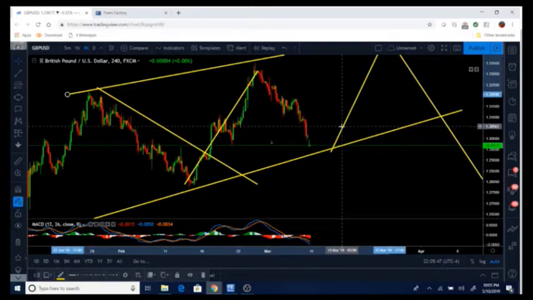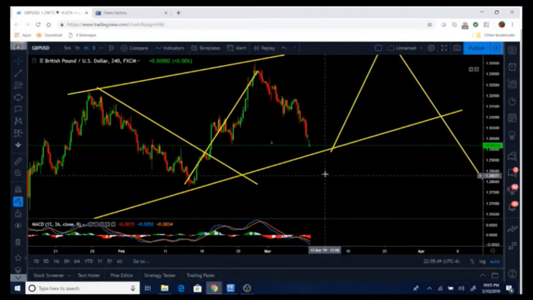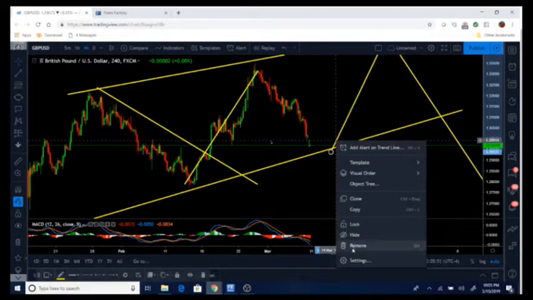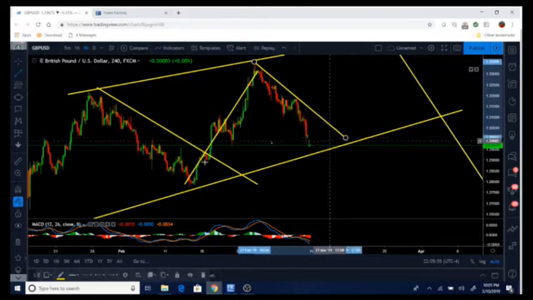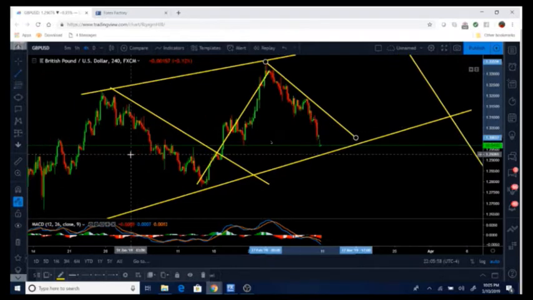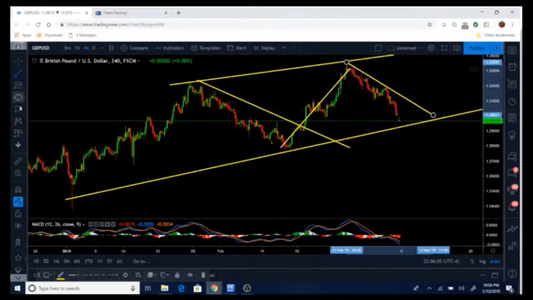We want to wait for a bearish flag here. That's what we need.